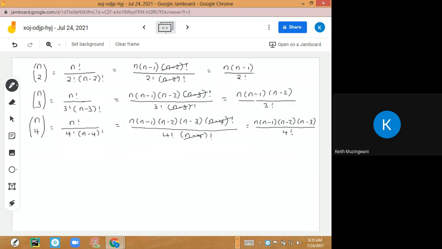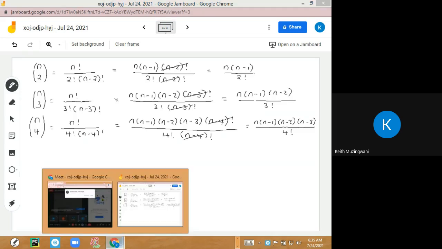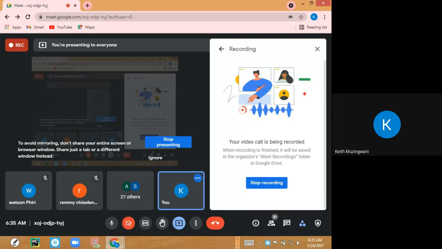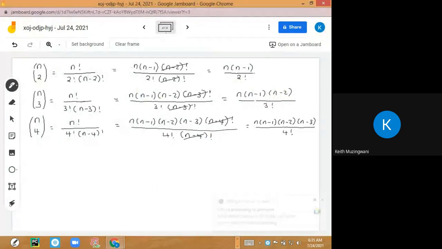Okay, so let's see what happens if we bring in small numbers. Let's see, we want to do a plus b to the power 4 using the formula, using the theorem.